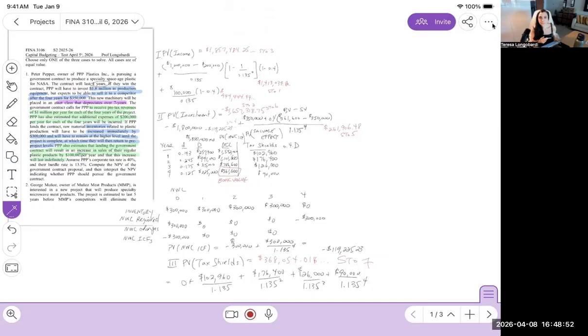Sound good? What does it look like? It's close, right? So it's 1.8 income, but then this 1.6 investment. So we're already over, and then this is just a bonus. So its NPV is positive, but let's get the final number.